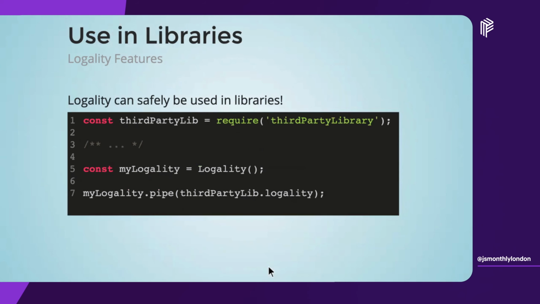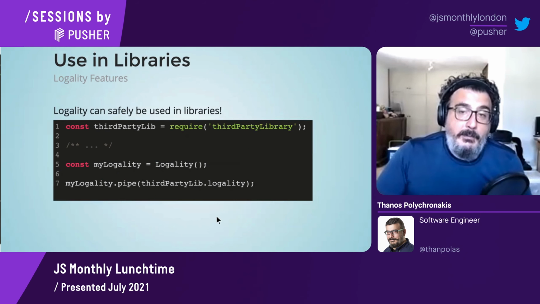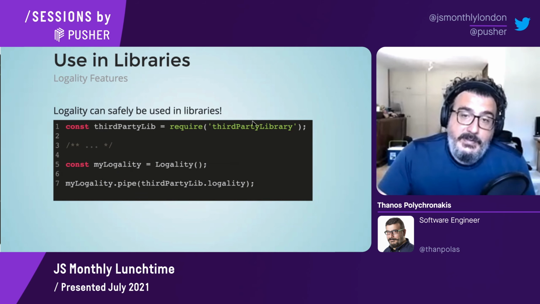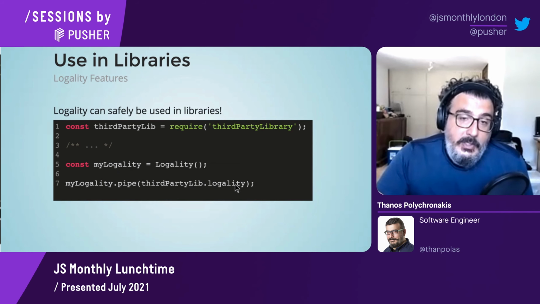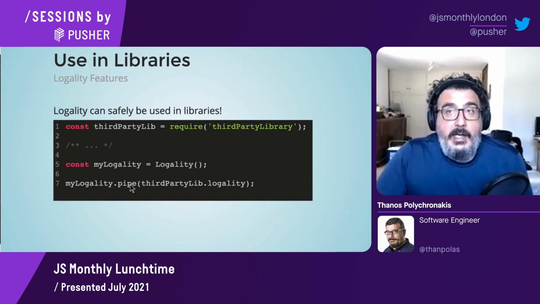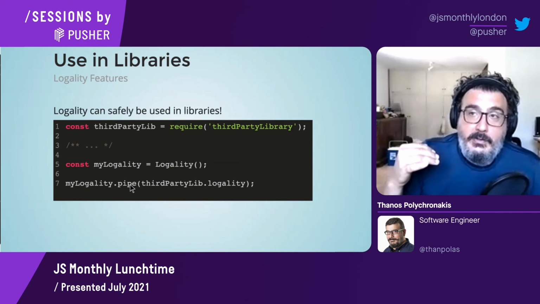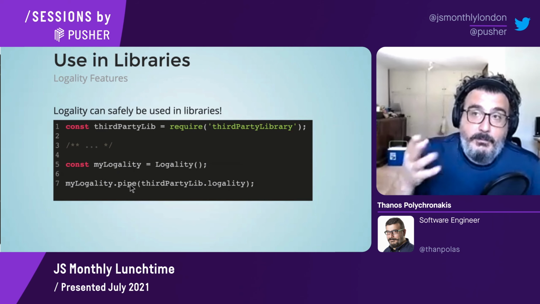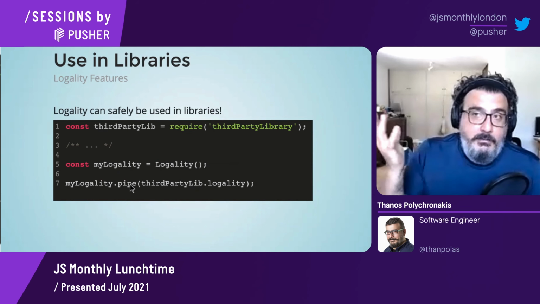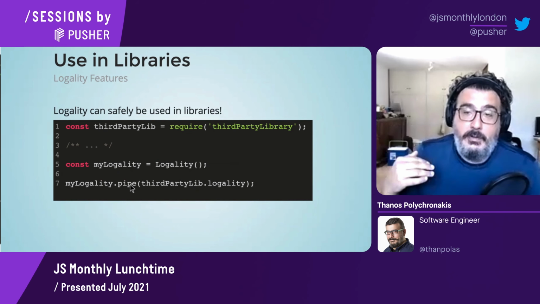That's the last feature that I talked to you about, which is that Logality can be used in libraries. So this is a third-party library. Imagine this is Mongoose or Sequelize that you're requiring, and Sequelize then exposes the Logality instance, which you pipe to your own instance. And then with the use of middleware, as we saw, you can intercept the log messages coming from Mongoose or Sequelize and apply whatever business logic makes sense to you.